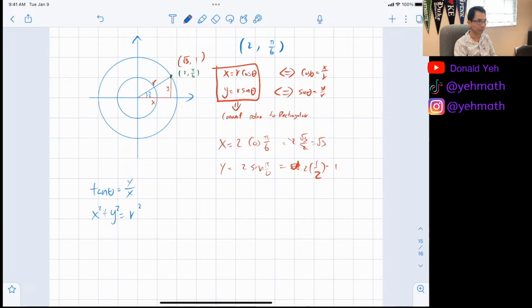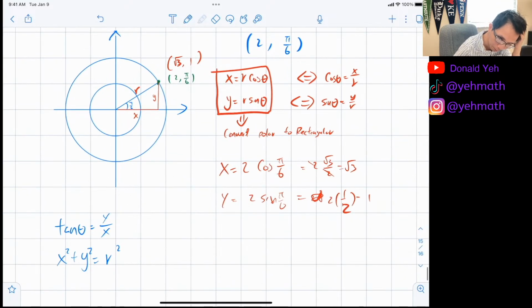Oh, like for circles. Like x minus h. So this place is called a pole. This here is called a pole. It's like a north pole. If you're looking for the north pole, that is your pole.